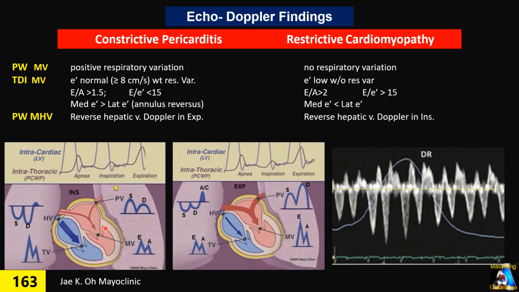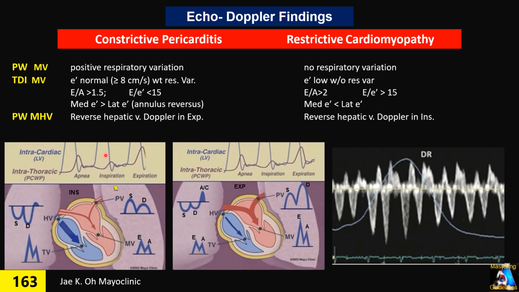That is the hallmark of constrictive pericarditis. In cardiac catheterization, we can detect the pressure inside all four chambers as a dip and plateau or square root sign on the intracardiac ventricular pressure, as you can see here.